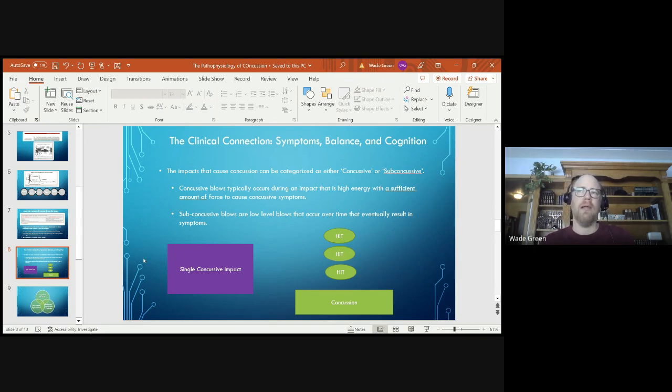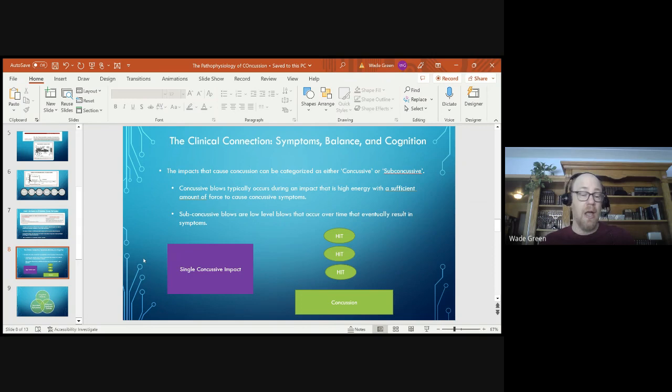We don't really have a magic number for what level of force constitutes a concussive blow versus a subconcussive blow. For example, a concussive blow usually is going to happen in one single high impact hit and/or contact, right, with enough force to cause a concussion.